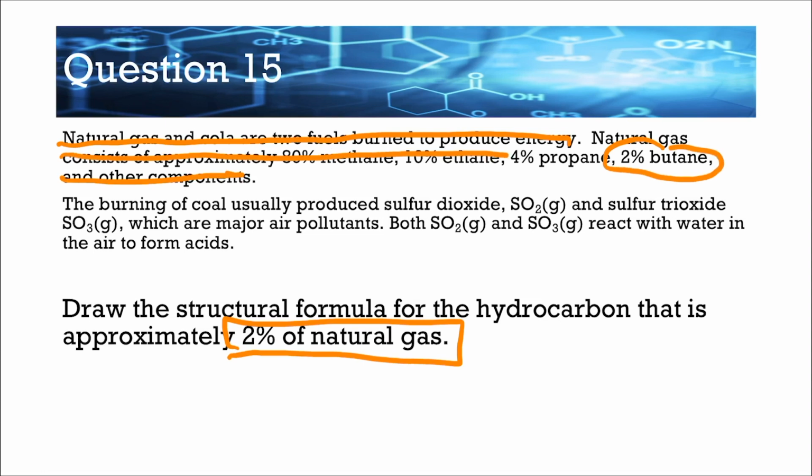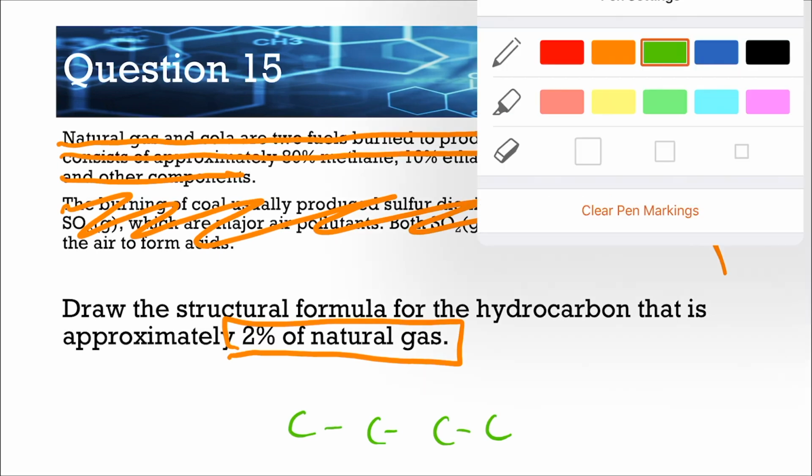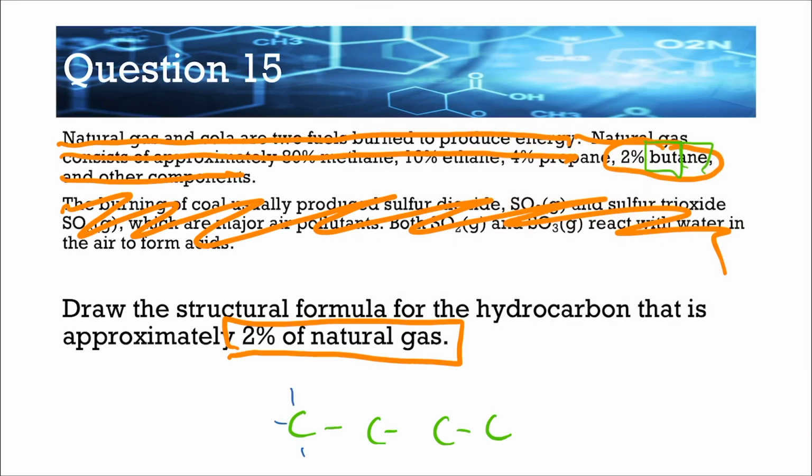Everything else is garbage. So it says draw butane. So BUT means you have 4 carbons. ANE means you have single bonds between all of those carbons. And then that means everything else has to be an H. Just like that. And that's it.